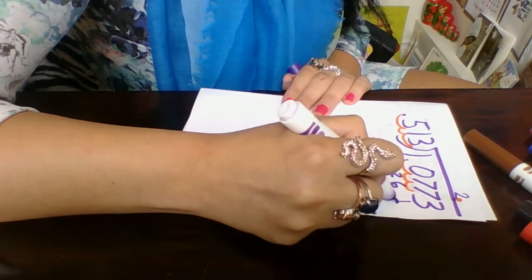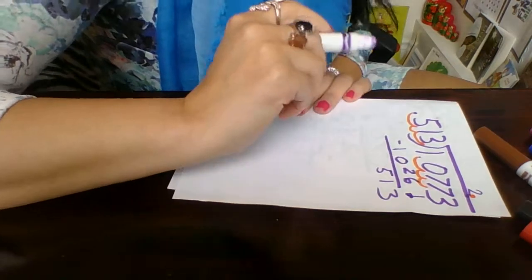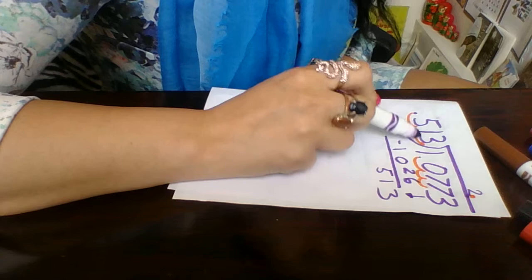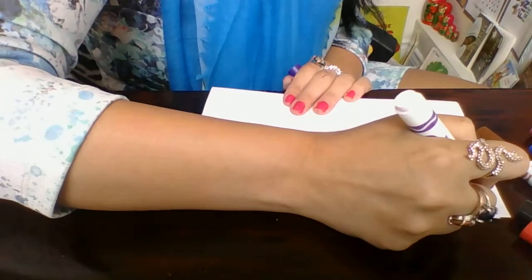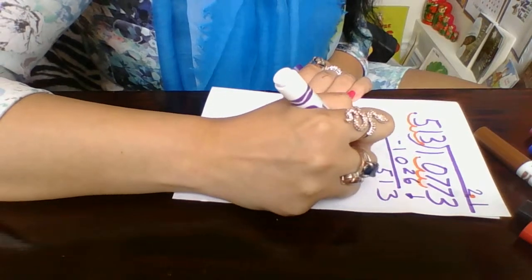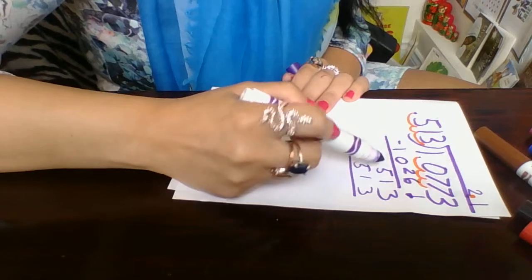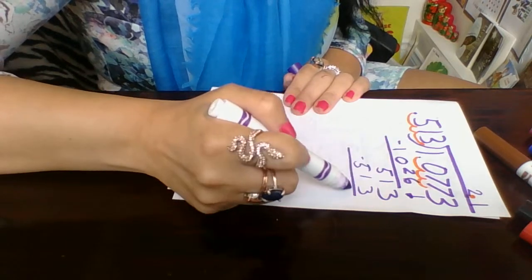Bring down the next number. 513. 513 goes into 513 one time. 513 times 1 equals 513. 513 minus 513 equals 0. One more example for you.